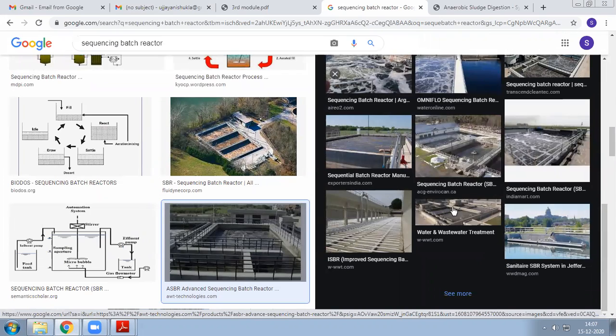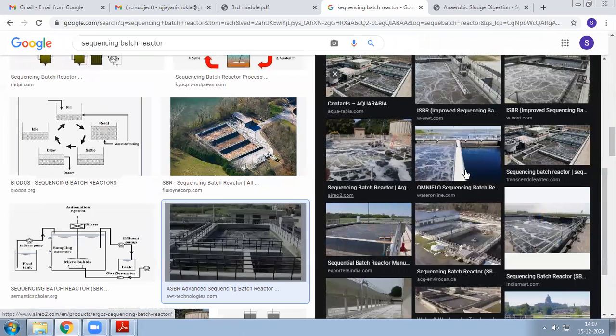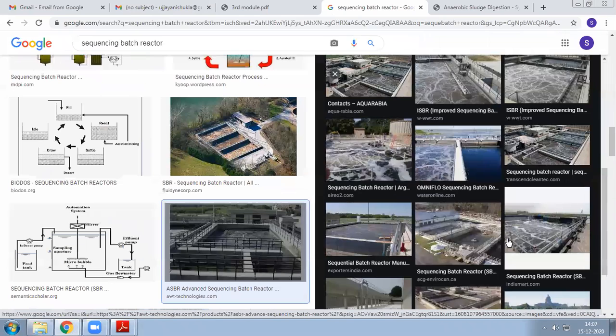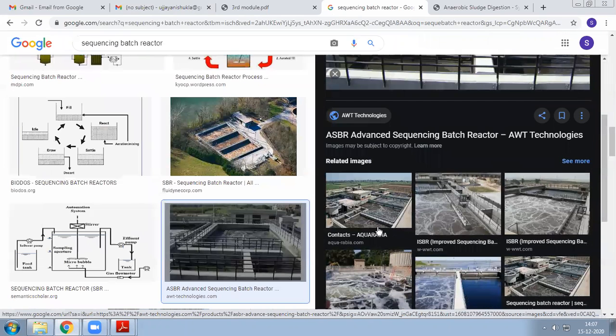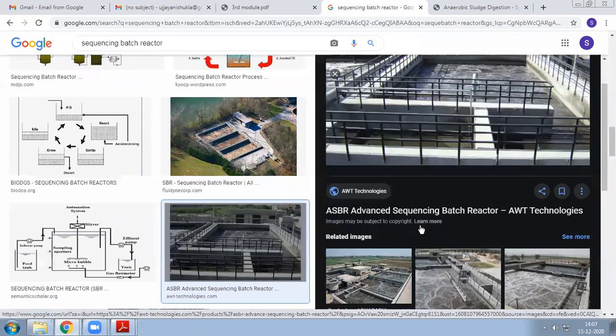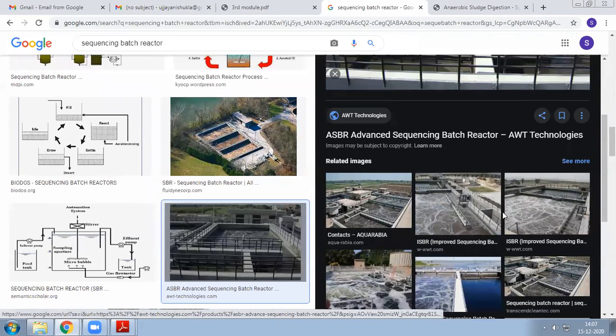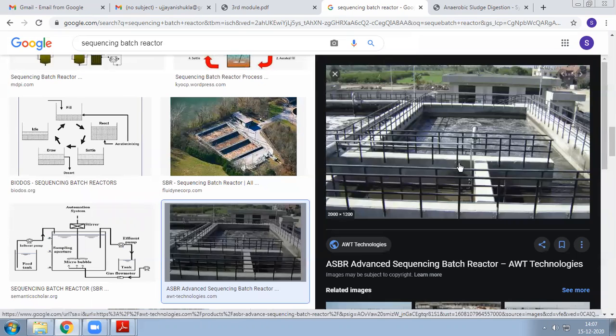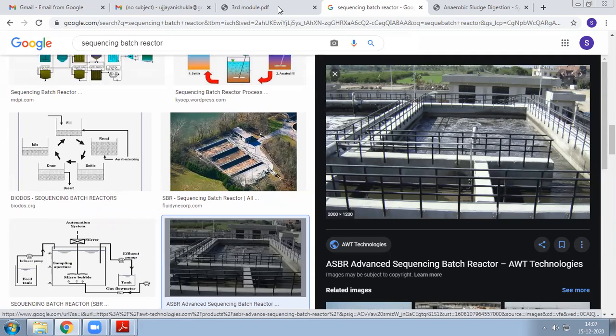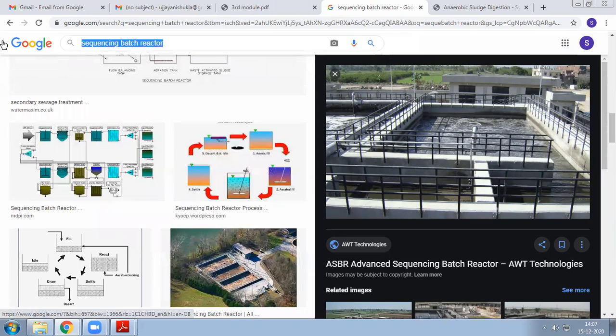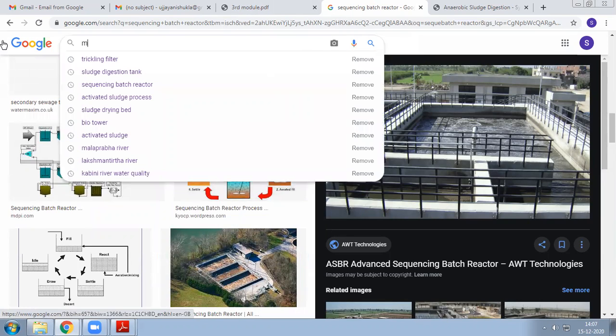Complete aeration tanks you're seeing. It will look like this only. Rather than putting a lot of things, one batch reactor we can place. Fill and draw type batch reactors. It will look similar to your aeration tank in the activated sludge process. Moving on to biofilm, MBBR techniques.